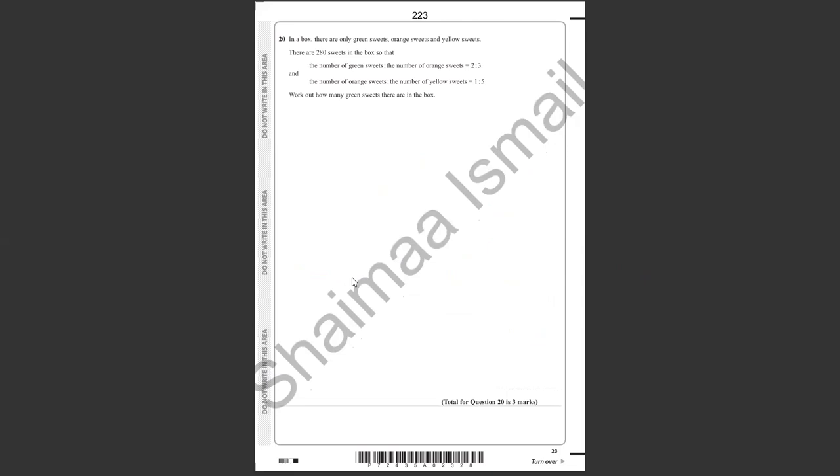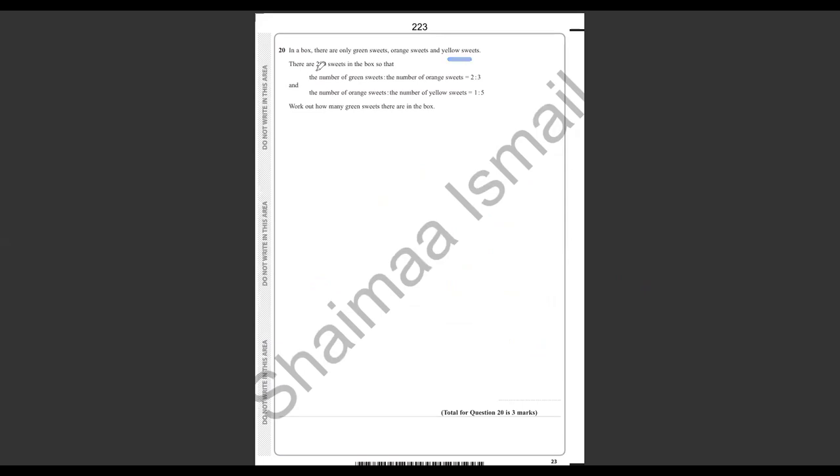Here, question number 20. In a box, there are only green sweets, yellow sweets and orange sweets. So we have green, we have orange, and we have yellow.